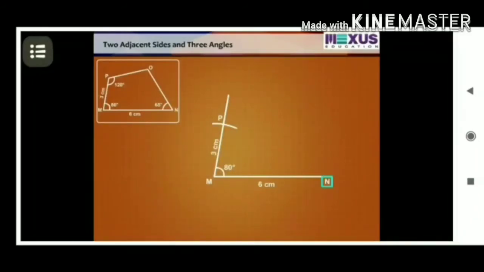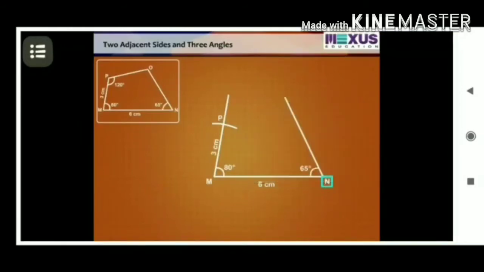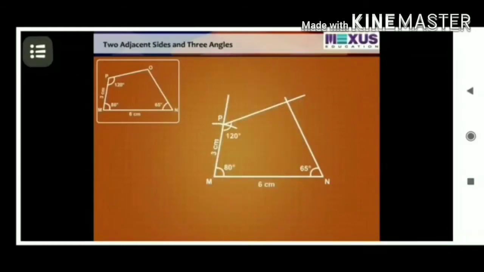At N, draw an angle of 65 degrees with the help of the protractor. Step 5. At P, draw an angle of 120 degrees with the help of a protractor. Step 6. Now join the arms of these angles to meet at O. Hence, we get the required quadrilateral MNOP.